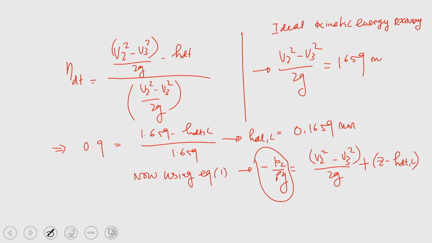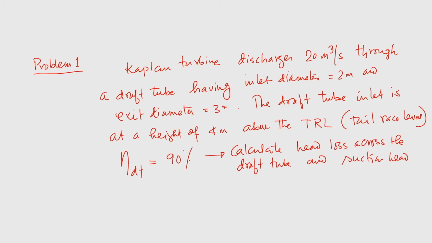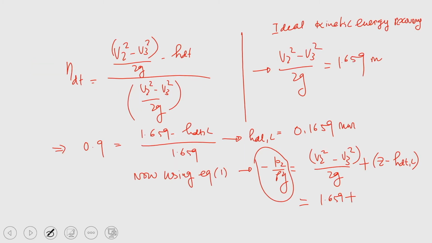So, this is 1.659 plus 4 minus 0.1659. If we calculate it, it will come as 5.4931 meter. So, this is the suction pressure.